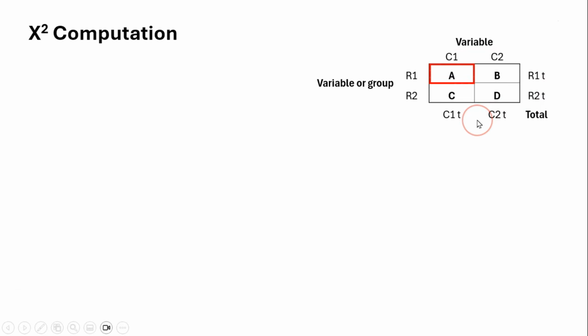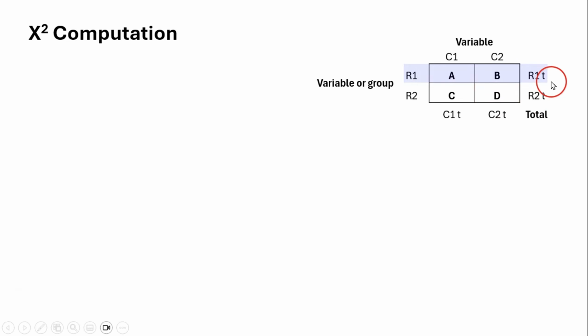And for each of the 4 cells, you have your cell A, which is your row 1, column 1 responses; your cell B, which is your row 1, column 2 responses; cell C, which is your row 2, column 1 responses; and cell D, which is your row 2, column 2 responses.